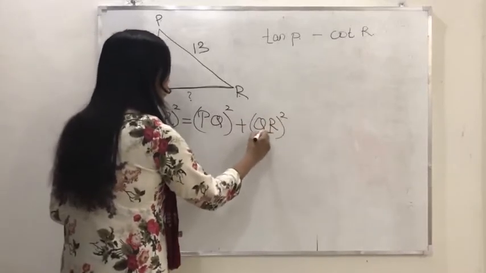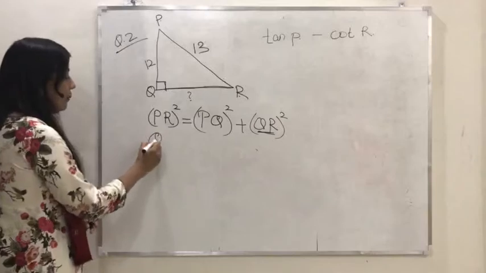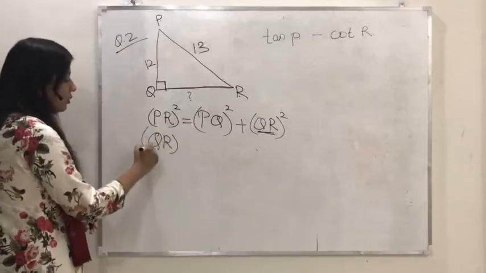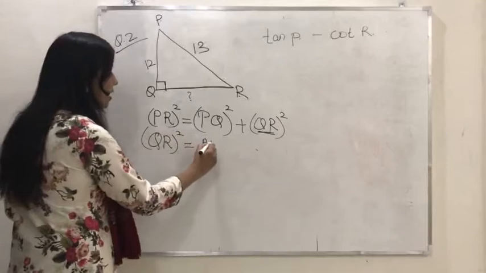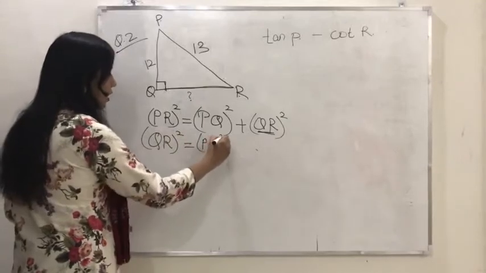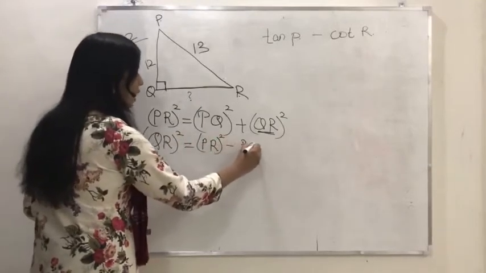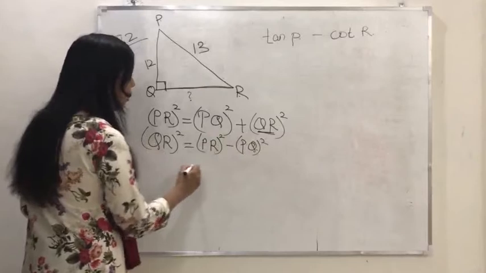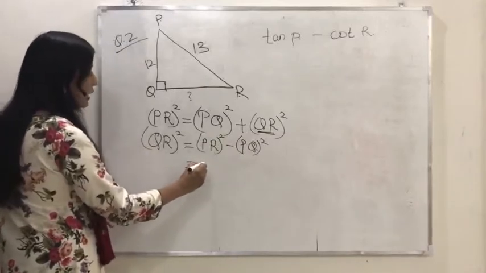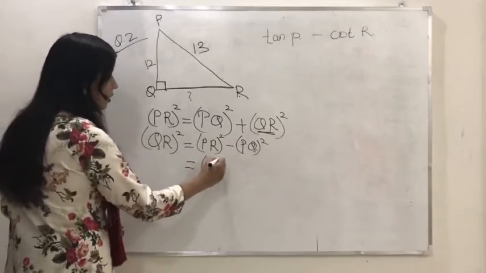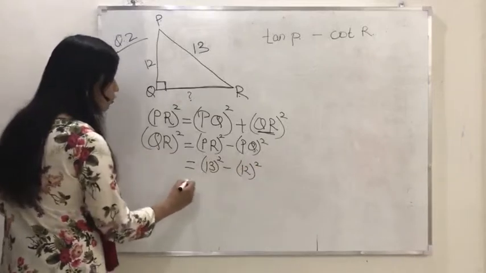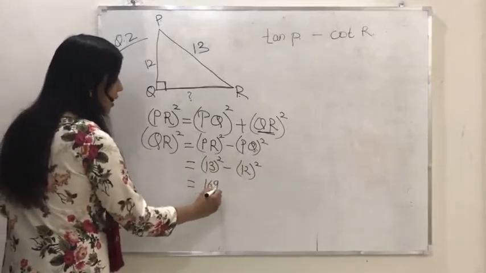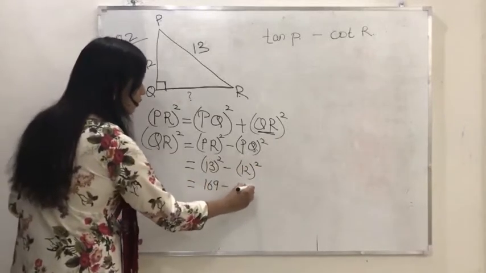Since QR is unknown, I will keep it on one side of the equation. So QR square is PR square minus PQ square. The value of PR is 13 square minus PQ is 12 square. 13 square is 169 and 12 square is 144.